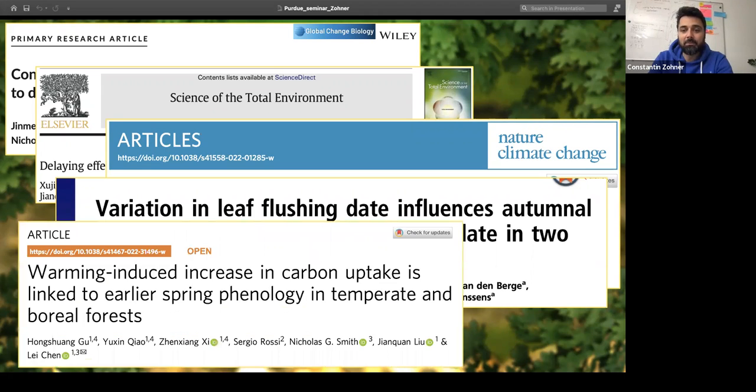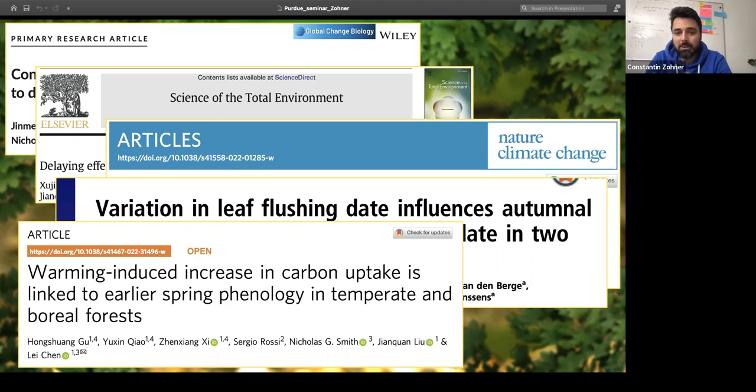And most recently, there has even been a study that suggested that if you are very active in one year, in the next year, you will actually leave out earlier. The title sounds like all the study is saying is that spring phenology is linked to carbon uptake. So earlier spring leaf out should lead to more carbon uptake in that year. But actually, this is not what they really suggest. They're saying that if in the previous year you had a lot of carbon uptake, this will affect next year's spring phenology, which sounded really kind of weird to me.